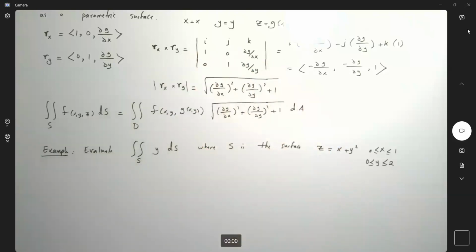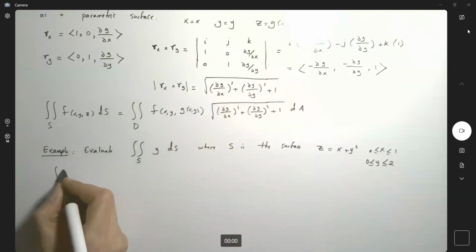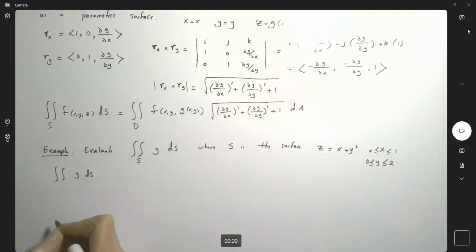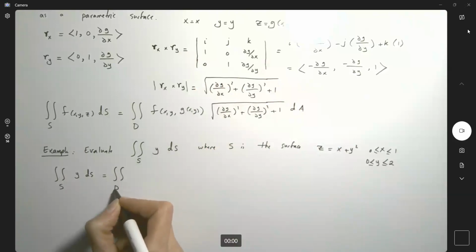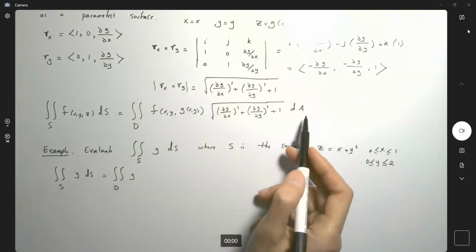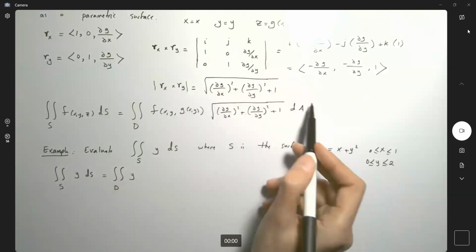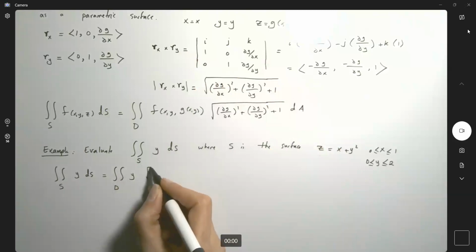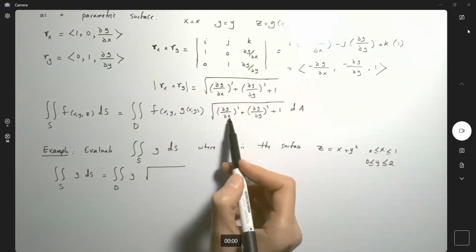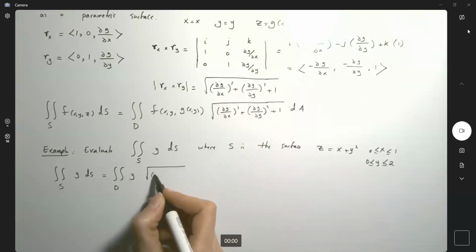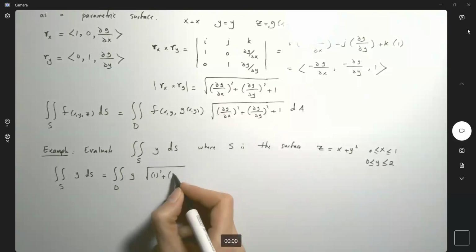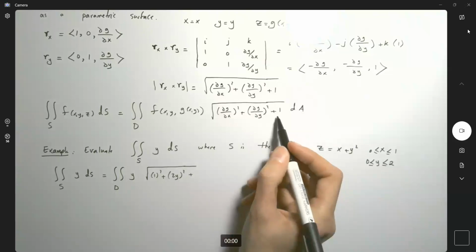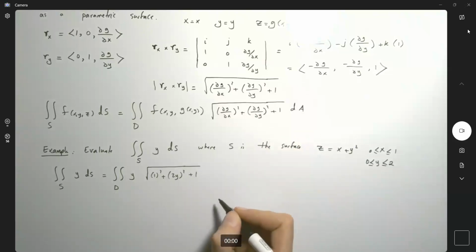We have a nice formula to follow. Let's see what it gives us. The double integral of y dS over S can be converted into a double integral over region D of y times, instead of dS, this radical dA. So here you have the square root of, but what is the partial derivative of g with respect to x? It is just 1, so you get 1 squared plus the partial derivative of g with respect to y, which is 2y, so you have 2y squared plus another 1, and here you have dA.